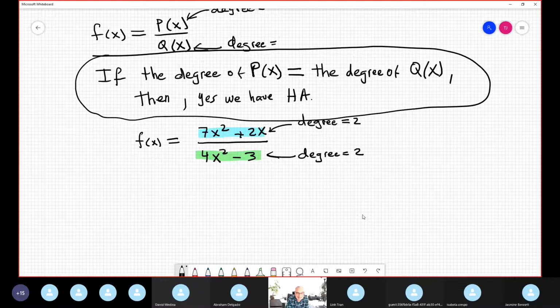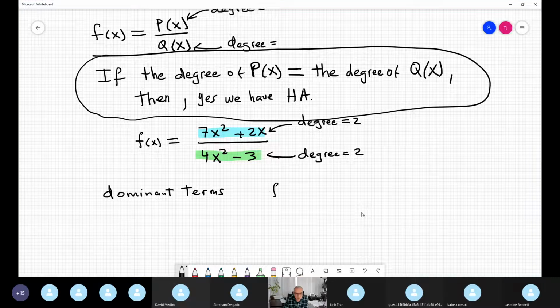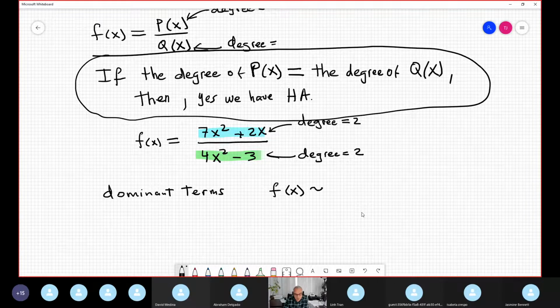To analyze exactly in what position the horizontal asymptote is located, you try to find the dominant terms. One approximation of f of x is dominant. You take in the top the monomial that has the higher degree, which is 7x squared.